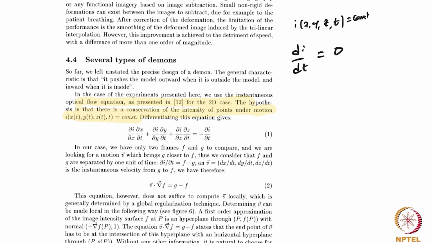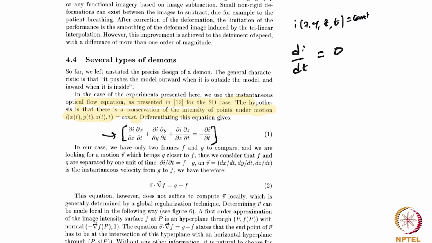Okay, now this dI by dt equal to 0, because I is a function of x, y, z and t, we can use chain rule to arrive at the following expression, which is given here. So this dI by dt equal to 0 translates to using the chain rule in this form. Okay. So what is this delta I over delta t?